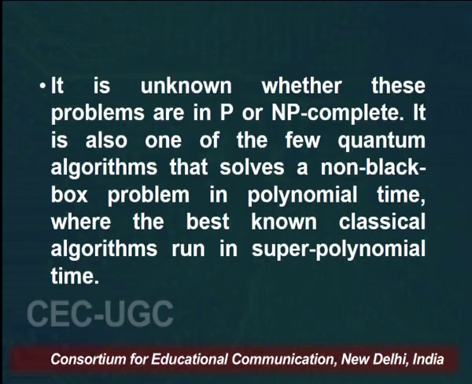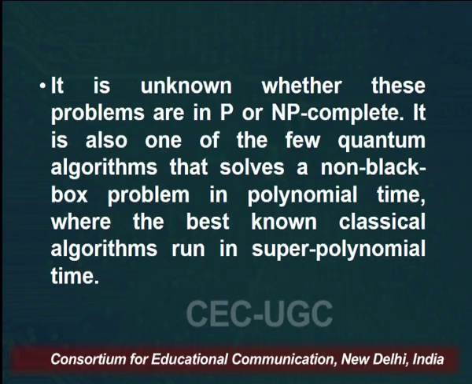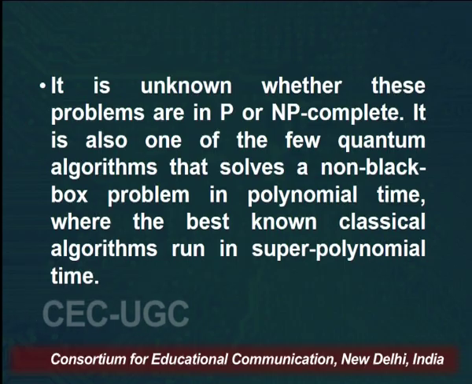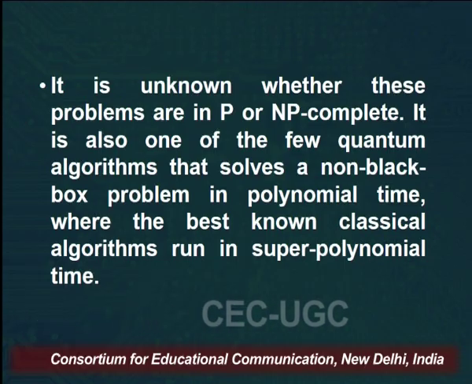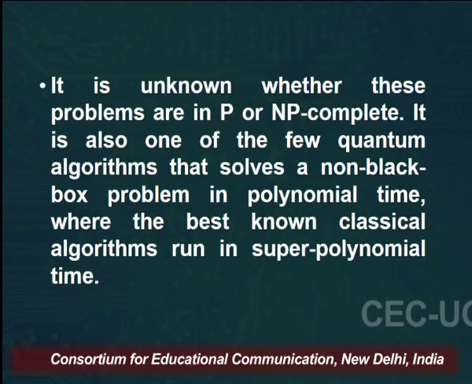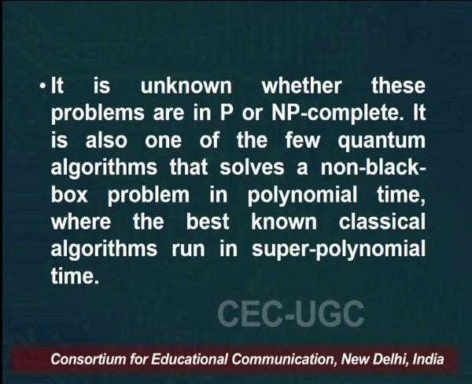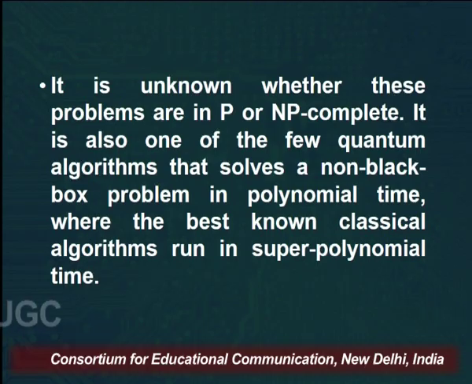It is also one of the few quantum algorithms that solve non-black-box problems in polynomial time, where the best known classical algorithm runs in super-polynomial time. So we can solve problems that are non-black-box using polynomial time.